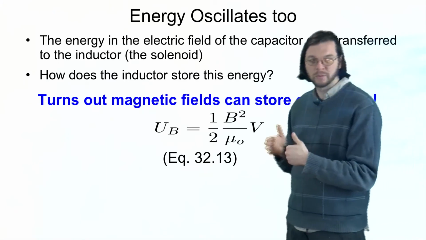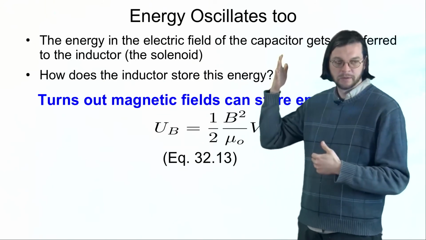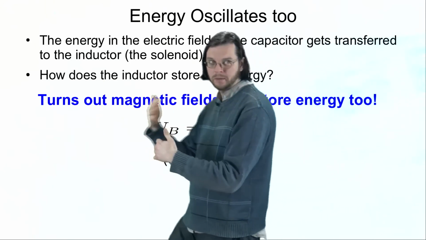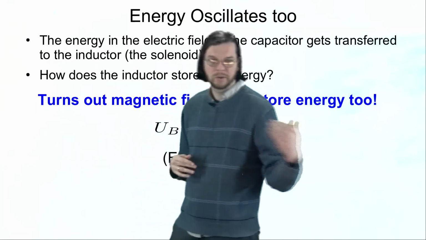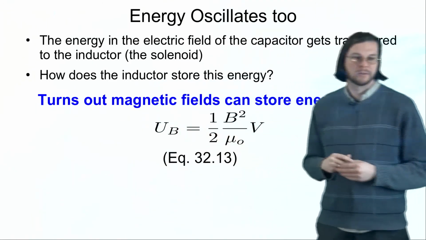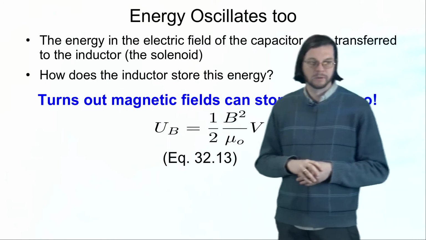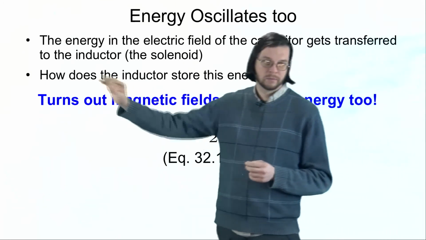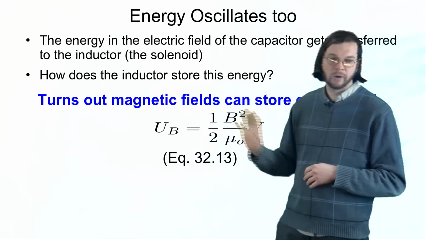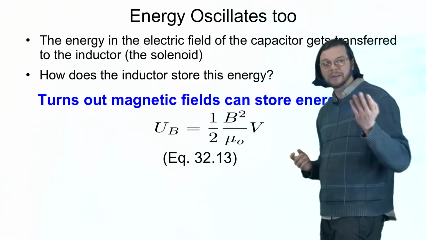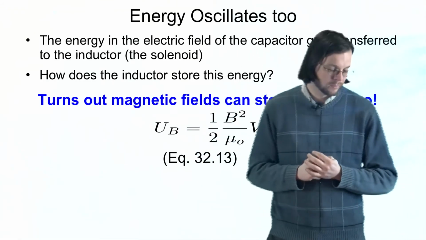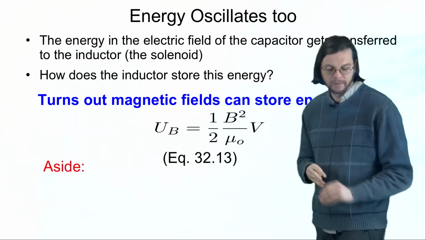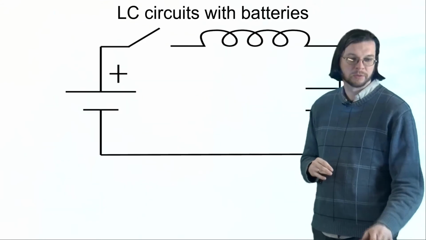So an electromagnetic wave propagates by oscillating electric field, oscillating magnetic field, electric, magnetic, electric, magnetic, and that's how it gets from point A to point B. And so the fact that you can store energy in a magnetic field is important for the fact that photons traveling as electromagnetic waves can also carry energy, which is good because it allows us to see and do all sorts of other fun stuff. Okay, so let's review this thing. I think I just said this aside about electromagnetic waves.